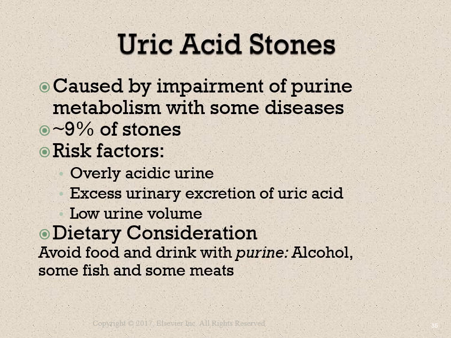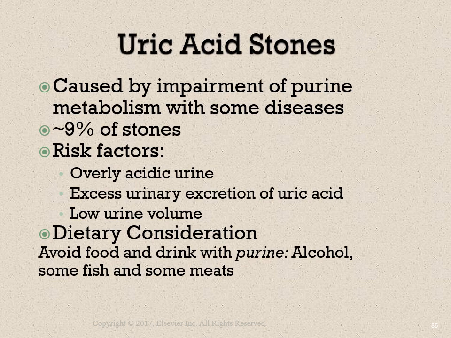Risk factors: overly acidic urine, excess urinary excretion of uric acid, and low urine volume. Dietary consideration: we'd want to avoid food and drink with purines, which your body converts to uric acid.